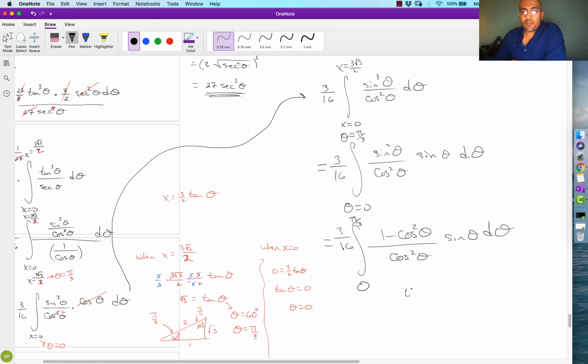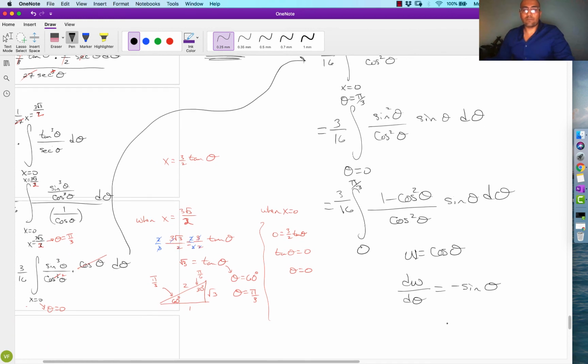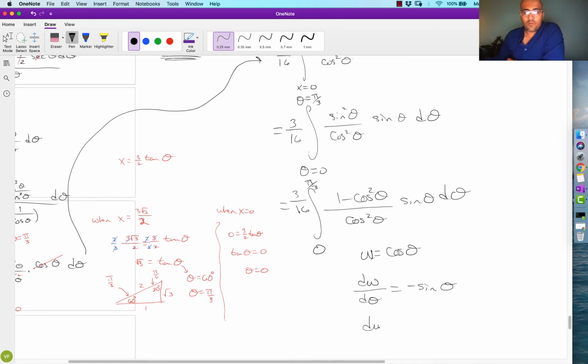So if we let u equal to, and there's nothing special about u, how about if we make it w? Let w equal cosine of theta, then dw over d theta is going to be equal to the derivative of cosine, which is negative sine of theta, or dw is equal to negative sine of theta d theta.